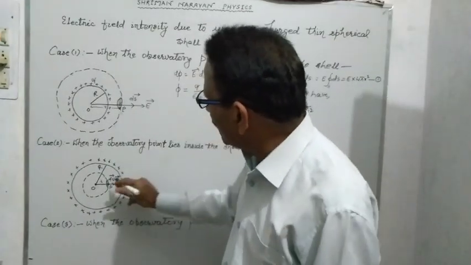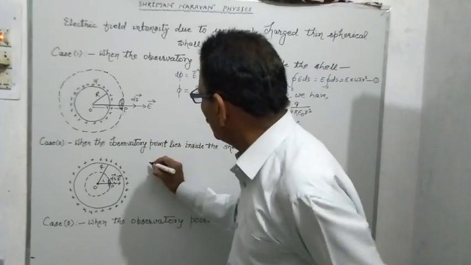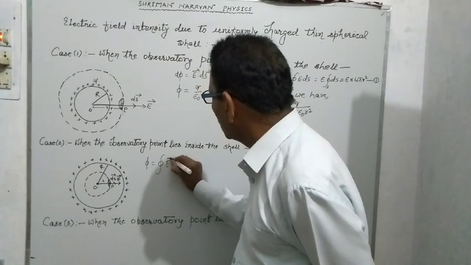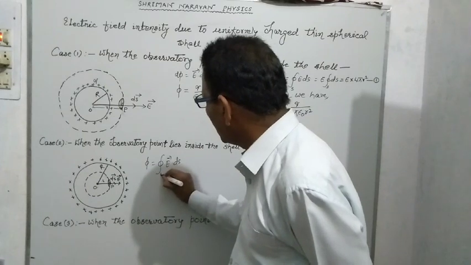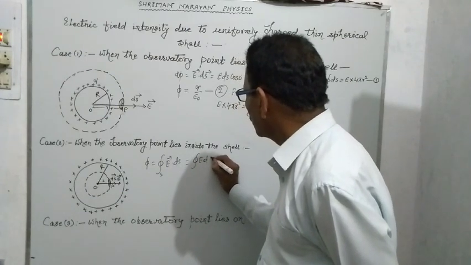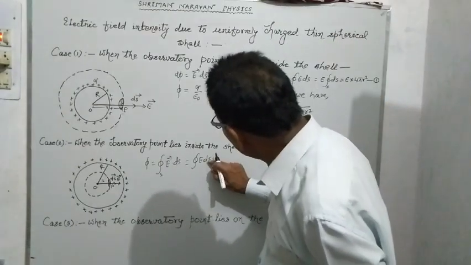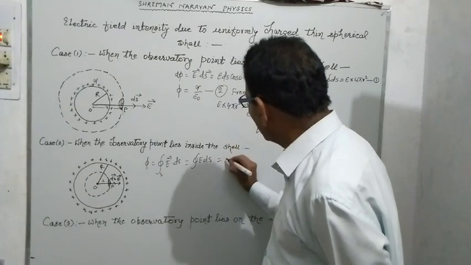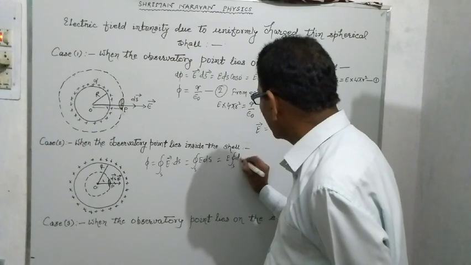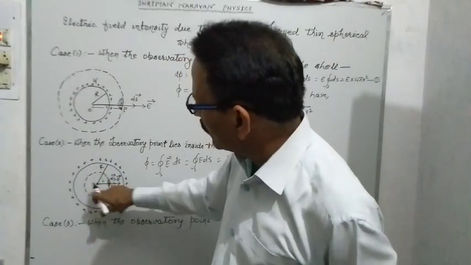So if you want to calculate the total electric flux associated with this Gaussian spherical surface, we can write phi equals closed integral over S of vector E dot ds, which will come closed integral E into ds, because ds cos theta, theta is 0 degrees, so cos 0 is 1. Now we can write E into closed integral over S of ds, and this will come E into the area of this Gaussian surface.